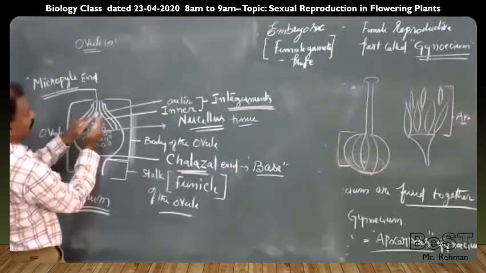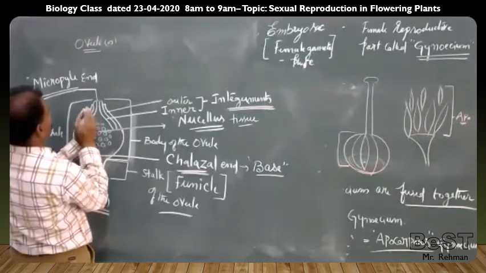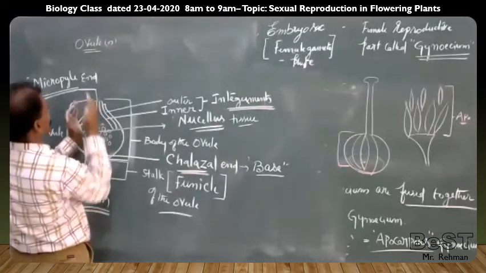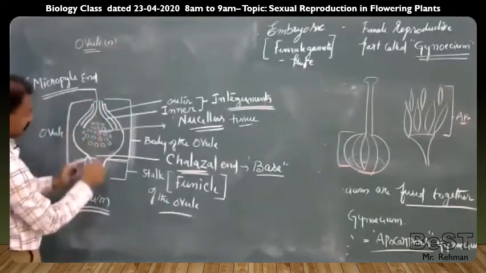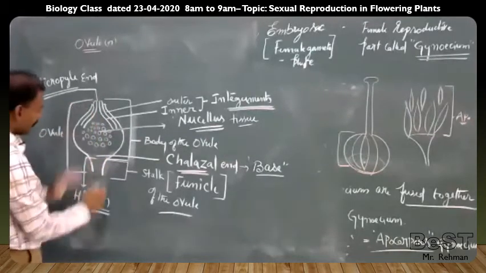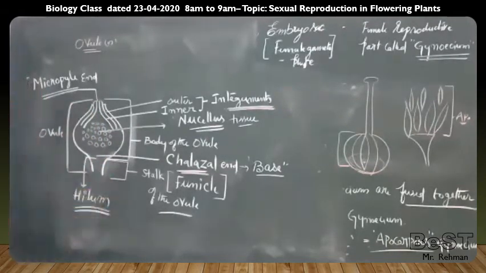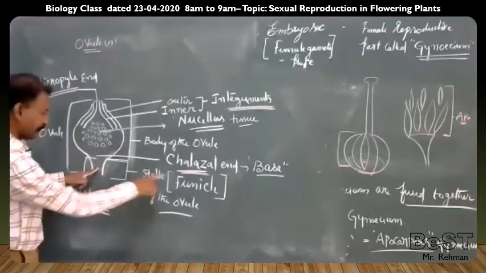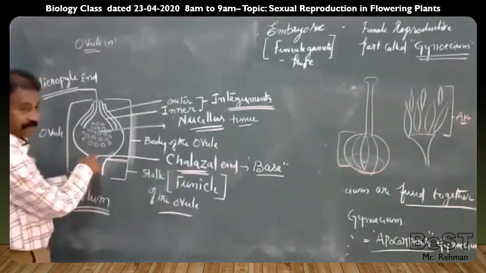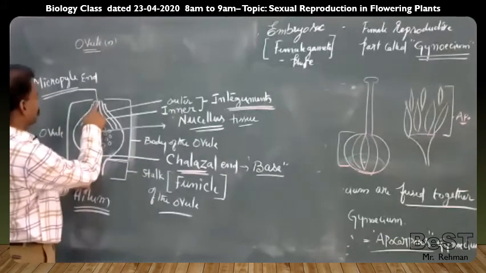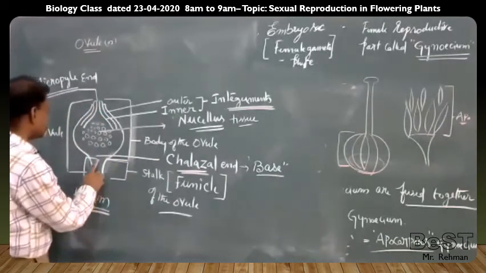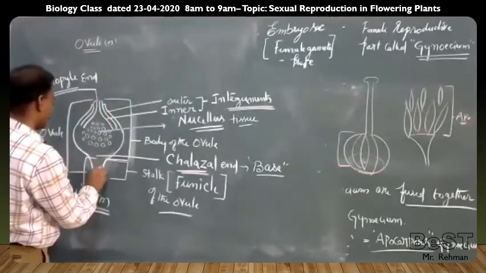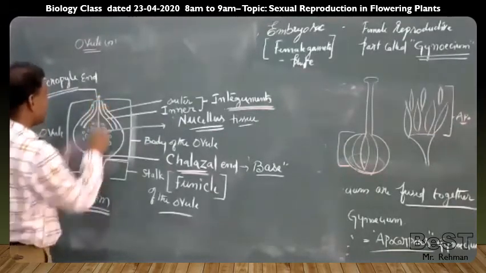Outer integument, inner integument, opening micropyle, base, and funicle. And here, according to the studies, when funicle, chalaza, and micropyle, these three are in a straight line, in the same radius.